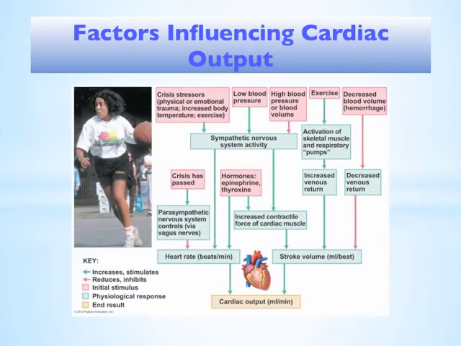This is a diagram from your book, which looks at the factors in a bit more detail. In pink, we've got the stimuli that have an impact on cardiac output, including hormones. But notice that there's a negative feedback mechanism, that when these stimuli cease to be active, the heart goes back to normal output rate.